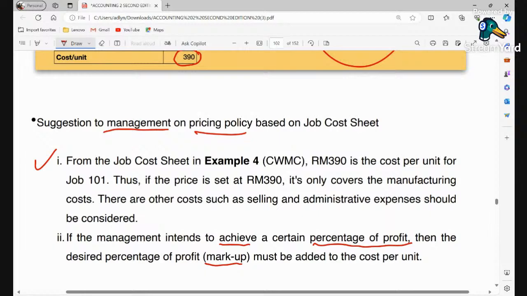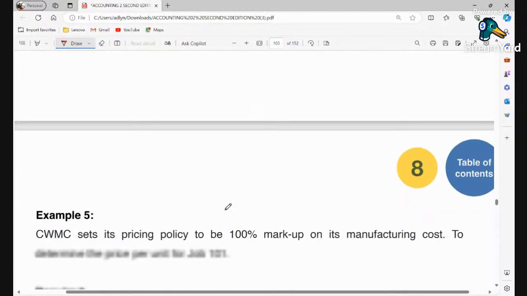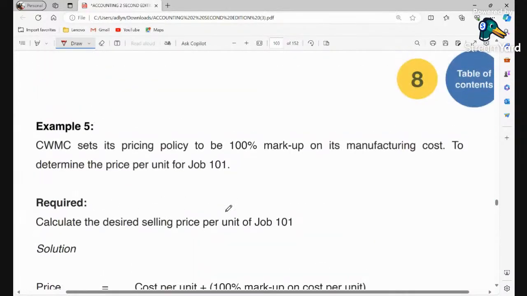Okay, ini setiap kali kita akan bagi suggestion pada management. Sebab costing dah kira 390, so nanti management akan tentukan berapa sebenarnya harga nak beri kepada FIL. Alright, okay, though that is your job cost sheet. Okay. So dah bagi suggestion dekat management tadi. So manager pun, oh okay.